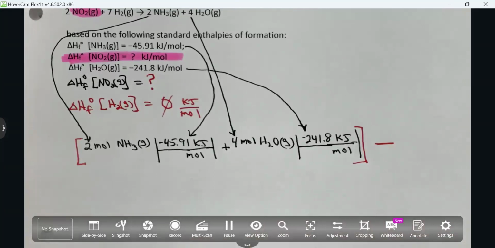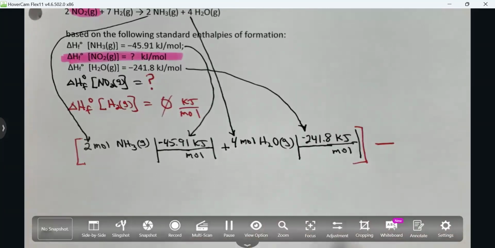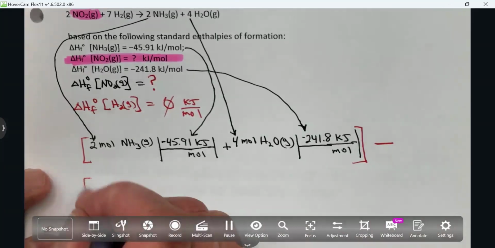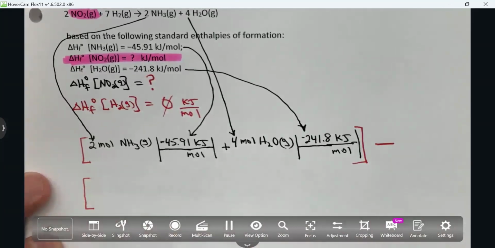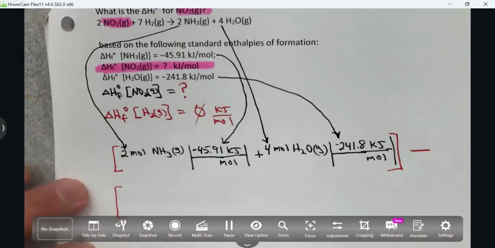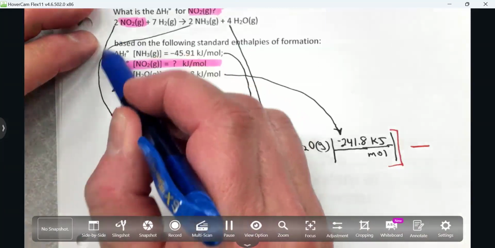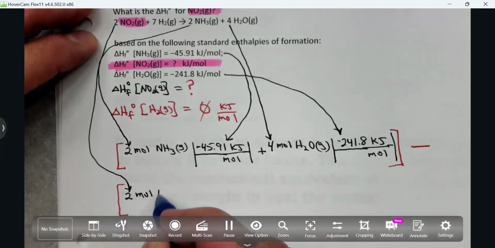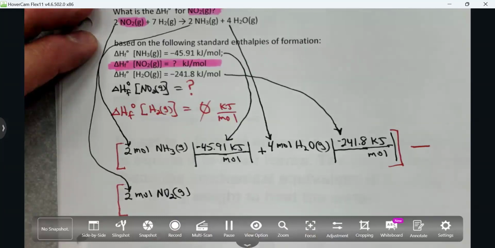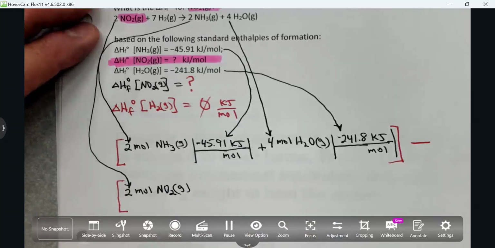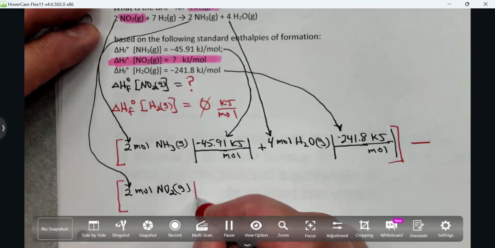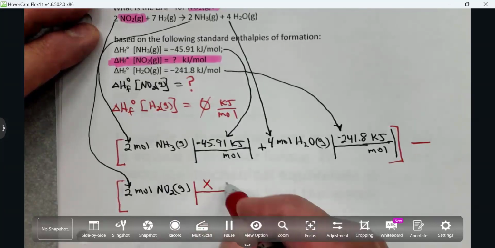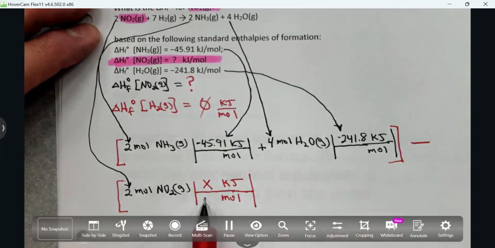That's my two products. Big negative sign there. Let's do the same thing with my reactants. In my reactants, it is 2 mole of NO2 gas. That's what we're looking for, right? We're looking for X here, correct?